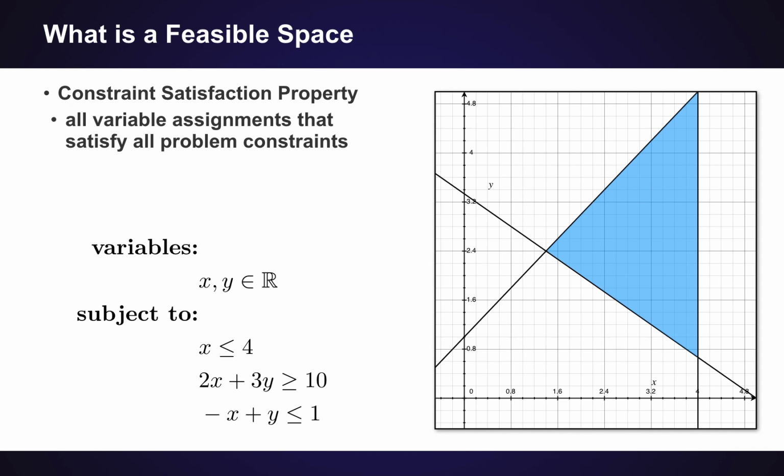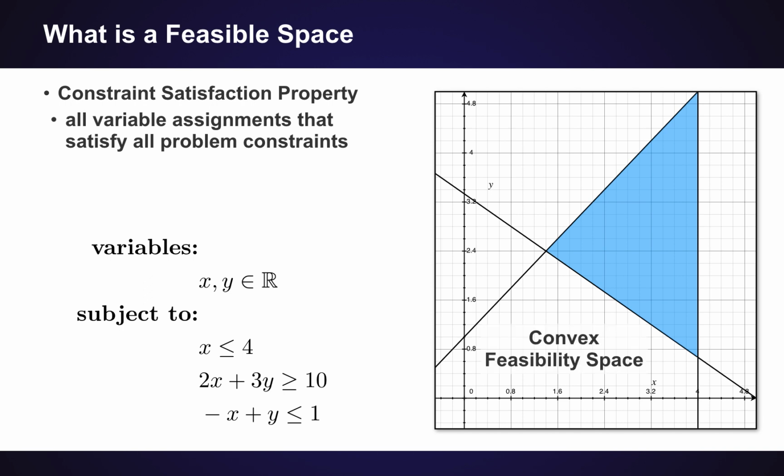So when we say the term feasibility space, what we're really talking about is, for some arbitrary set of constraints, which are usually inequalities, but they could also include equalities, what is the set of blue points, the assignments to the variables, which satisfy those constraints.